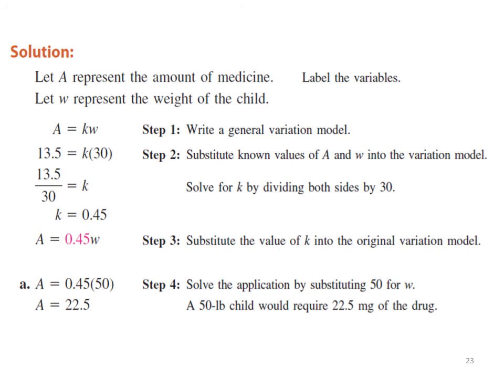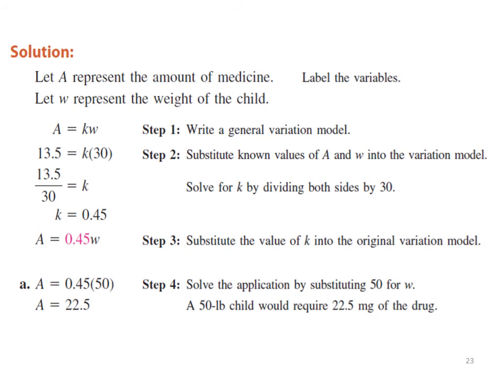Next step, we substitute the known values for the variables to find K. We know a child that weighs 30 pounds is given 13.5 milligram. So when W is 30, A will be 13.5. Substitute that in my model.